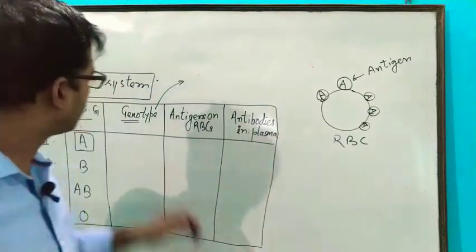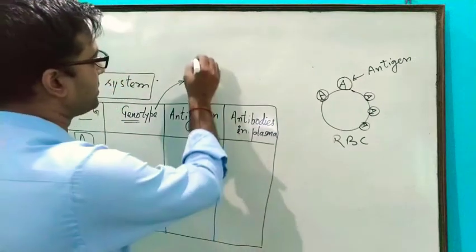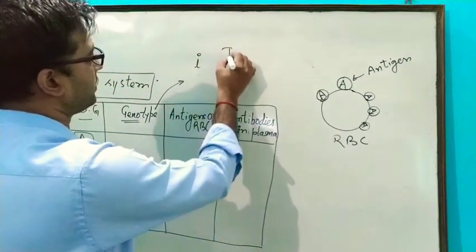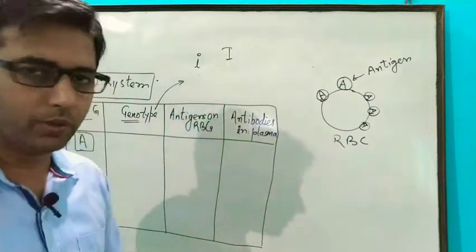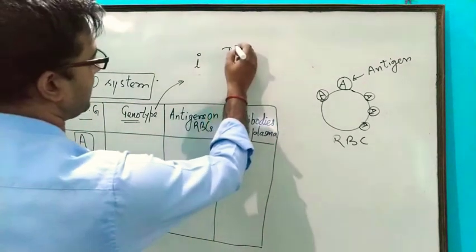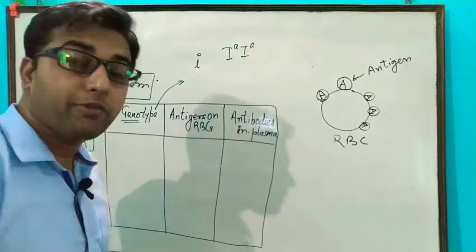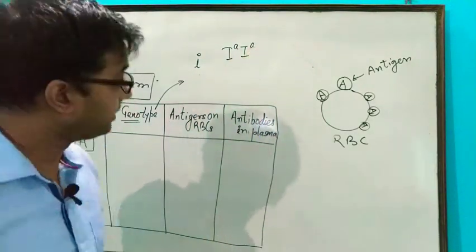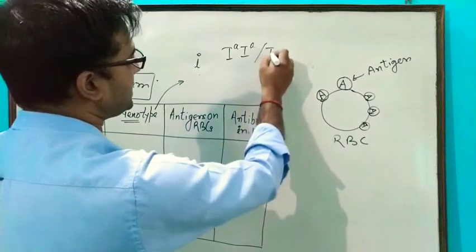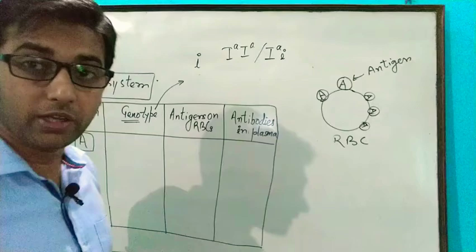The ABO blood group system is controlled by a gene which is known as I, or you can say the capital I. For blood group A, it is IA IA if it is homozygous, and this may be IA i if it is heterozygous.